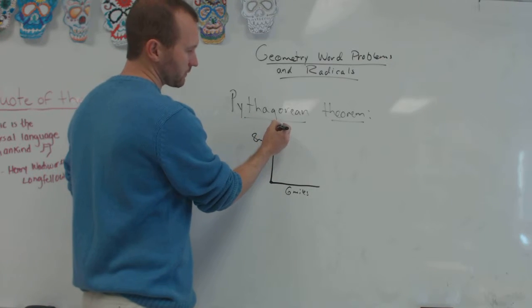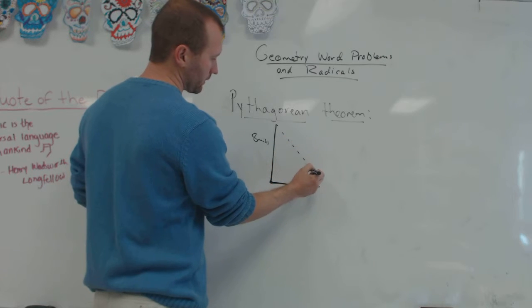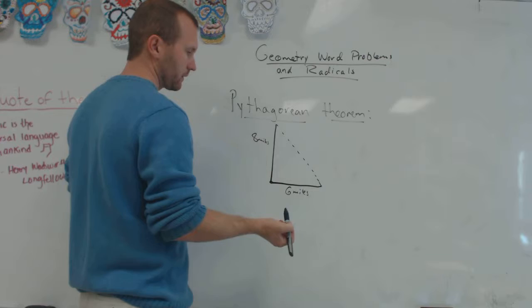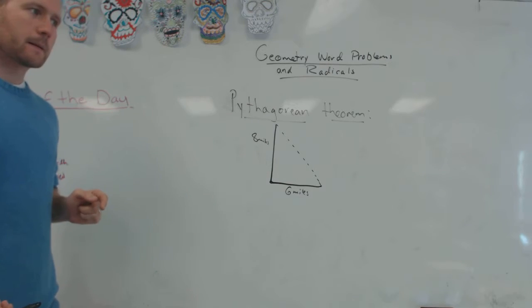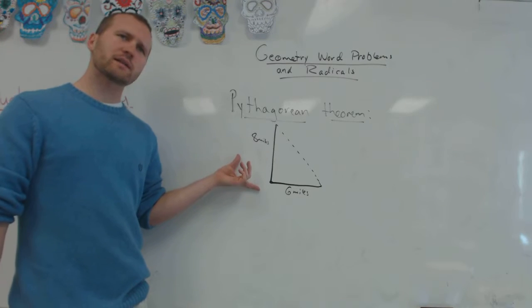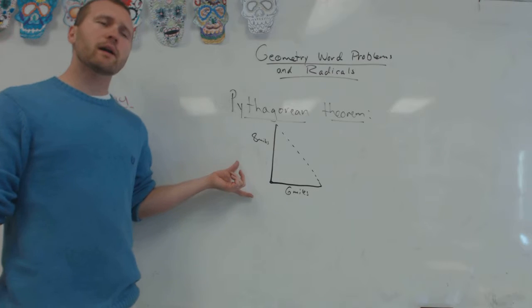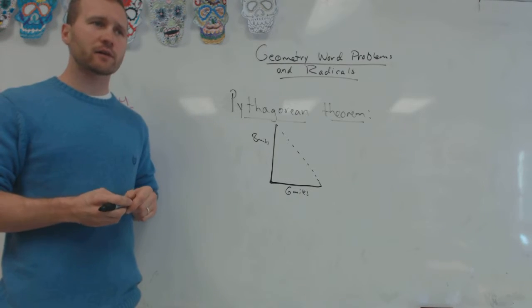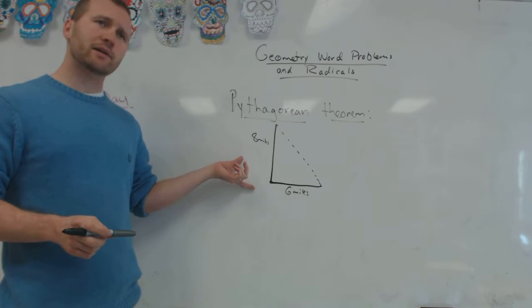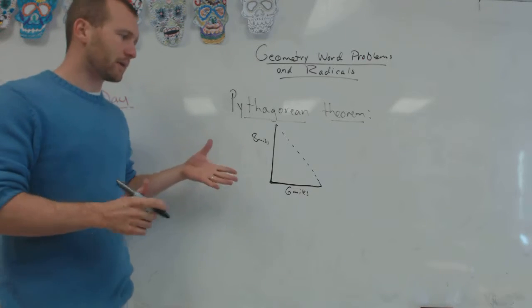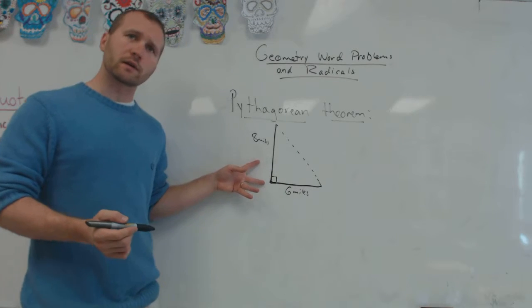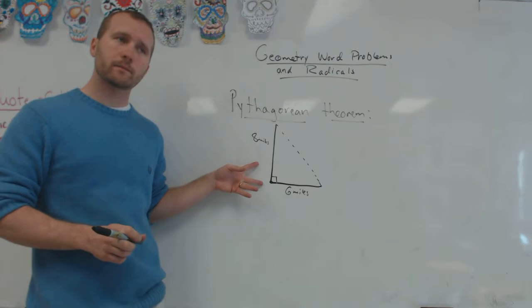And the question would be something like, how far apart are they? There's a lot of ways questions like this can be phrased, but what I would recommend doing if you see problems that you think might fit the Pythagorean theorem is you draw a diagram. And if you draw a diagram and it looks like a right triangle, that's when you're going to know it's the Pythagorean theorem.